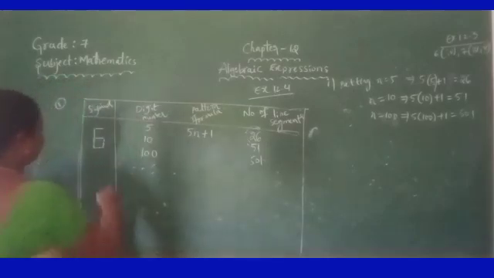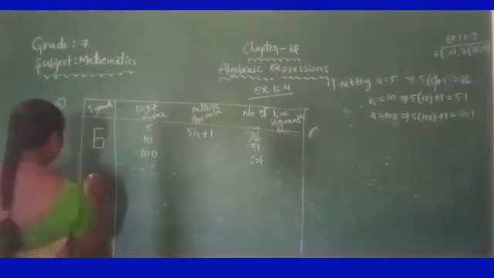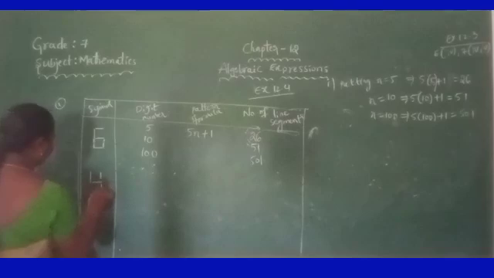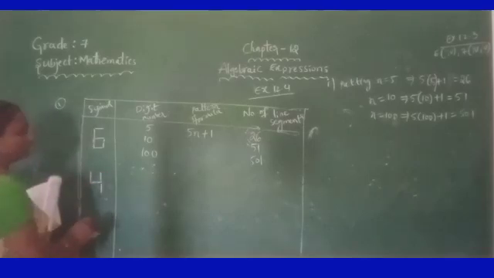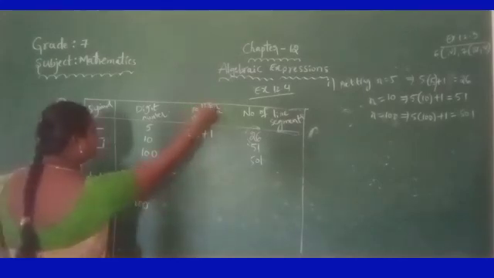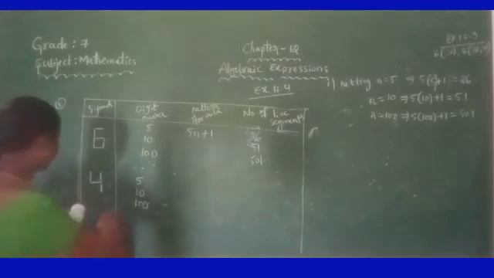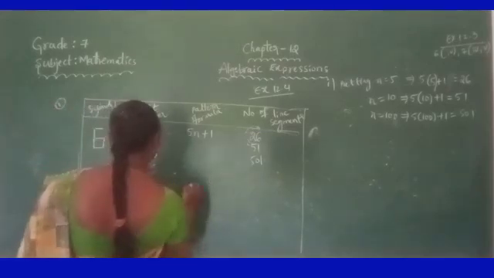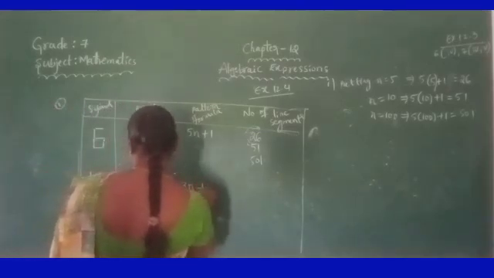Next, take the symbol 4. If you take the symbol 4, how many digits do you have to take? 5, 10, 100. What is the pattern formula here? For digit 4, the pattern is 3n plus 1.